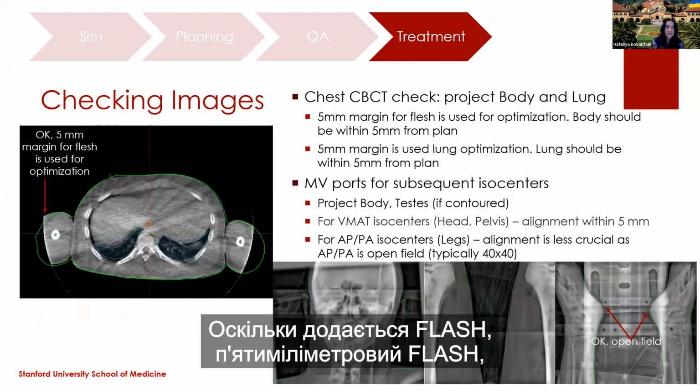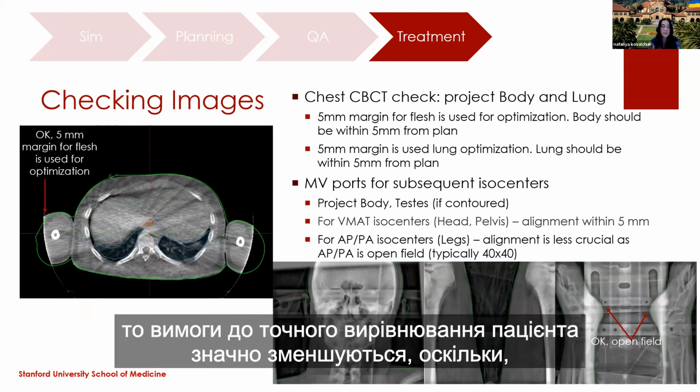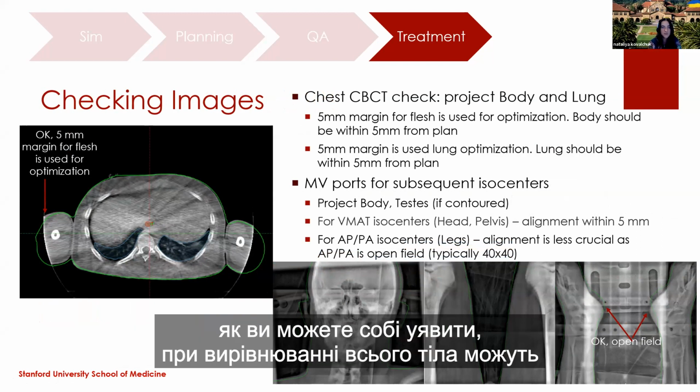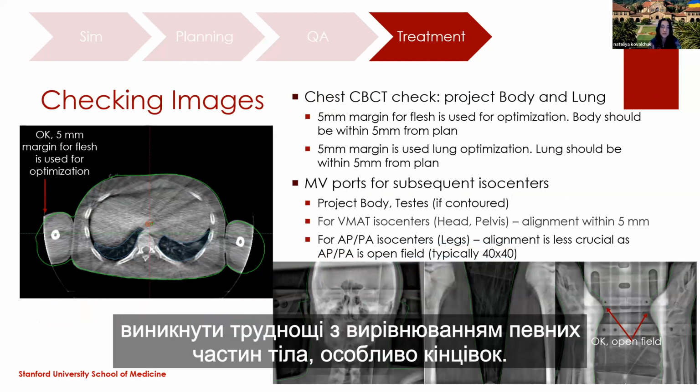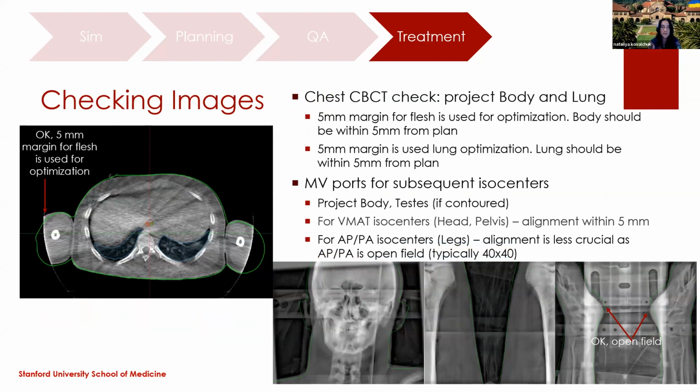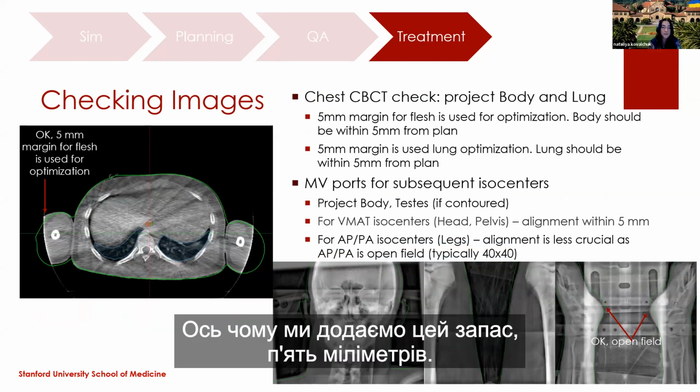Since there is a flash added, 5 millimeter flash, there is a lot less requirement to have the patient exactly set up. As you can imagine, for the whole body alignment, there might be difficulties in setting up certain parts of the body, especially the extremities. That's why we add this 5 millimeter margin.